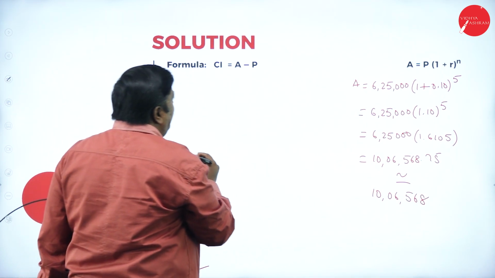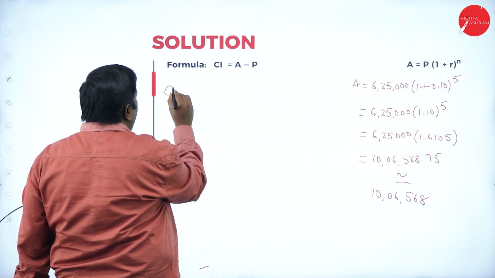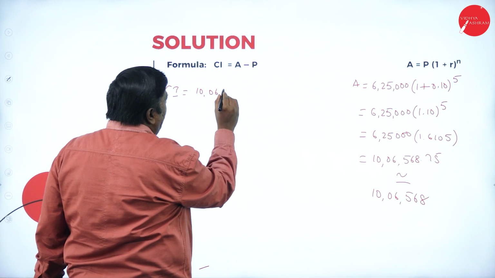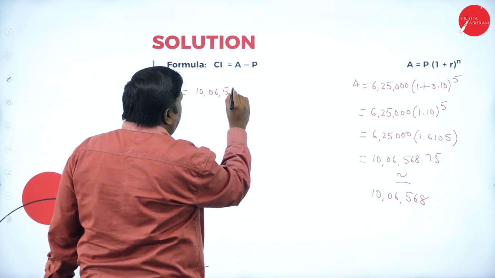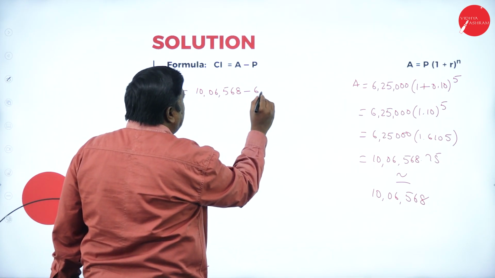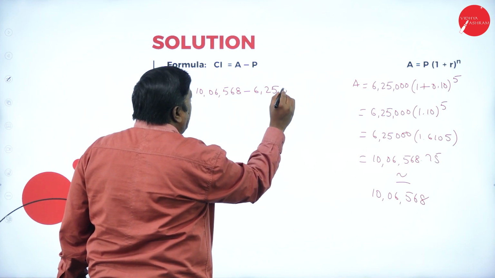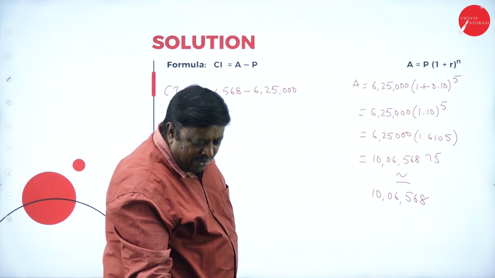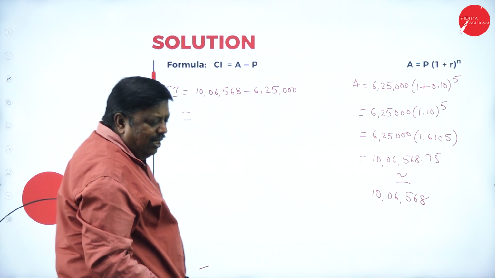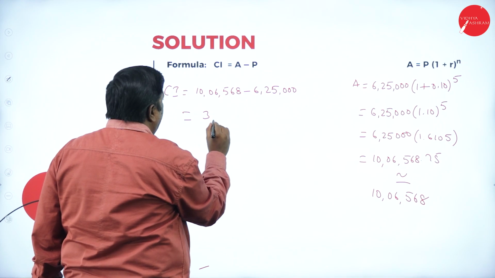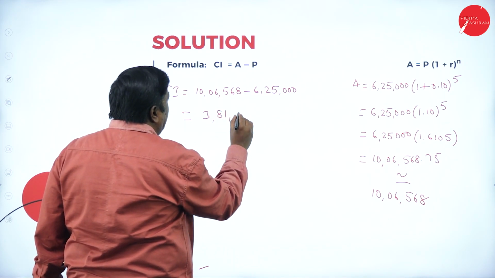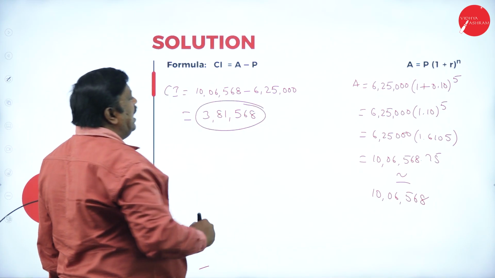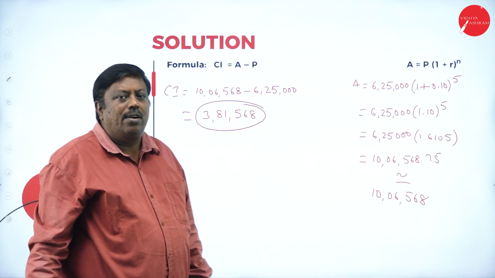Now the compound interest equals 10 lakh 6,568 minus 6,25,000. So it is going to be 3,81,568. This is my compound interest that we are going to receive.